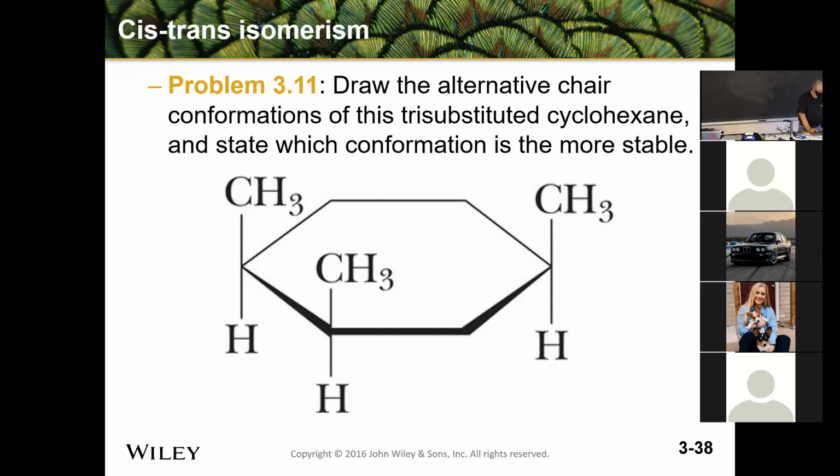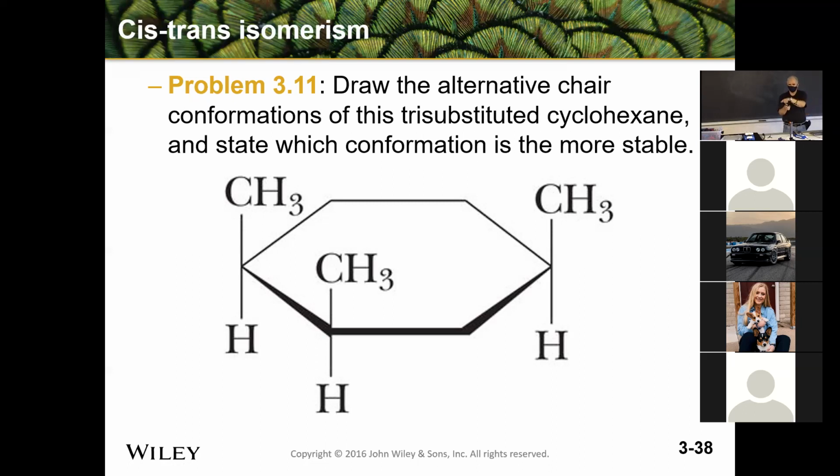We have about 2 minutes remaining. Draw the alternative chair conformations and state which one is more stable. These are all cis. So this is 1,2,4-trimethyl. This is one way.